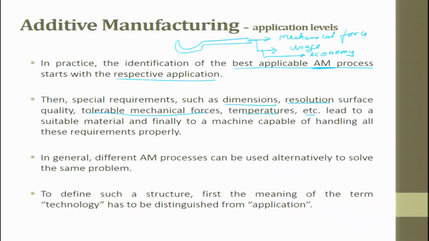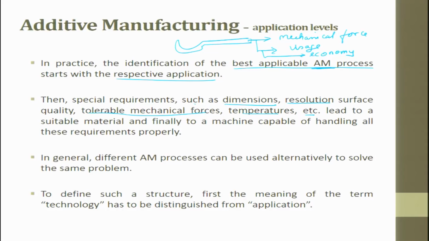And second thing, tolerance is also directly proportional to the raw material form and its dimensions or shape. So, the special requirements such as dimension, resolution, surface quality, tolerable mechanical force, temperature, etc. lead to a suitable material and finally to a machine capable of handling all these requirements properly.